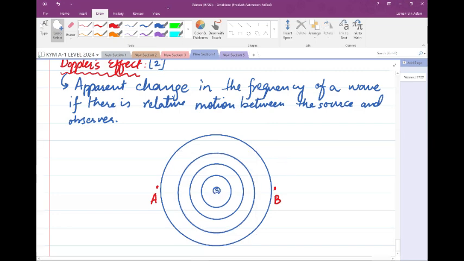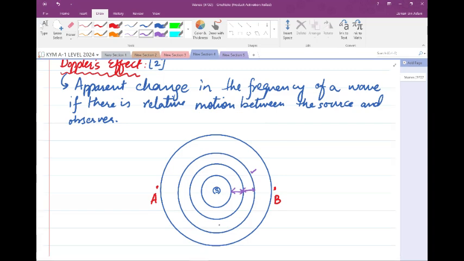You have seen that I have tried to make all these wavefronts at equal distance from each other. This S was the source. This outermost wave is the one that it created when the first time it created some disturbance in the water.